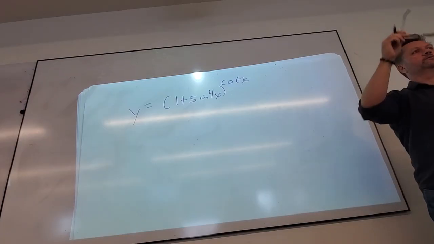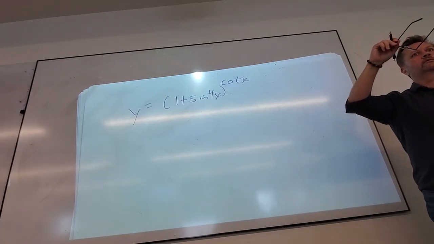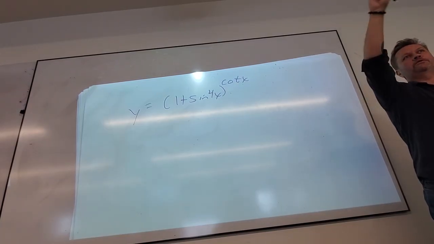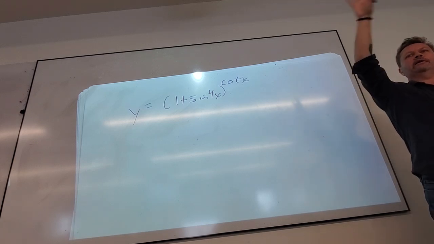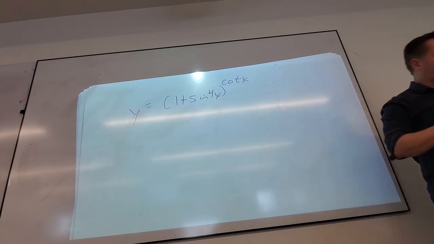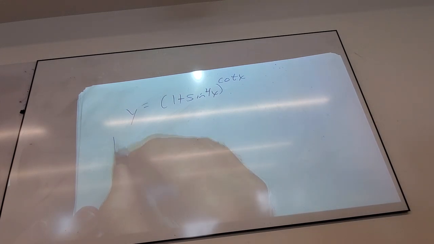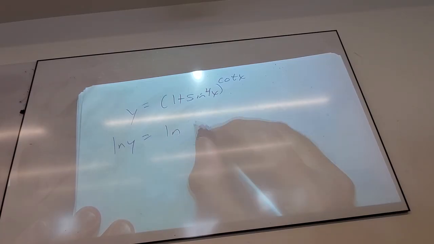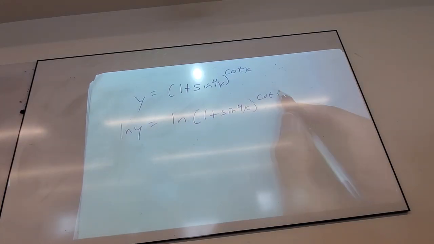Now, you guys know what to do. What do I do so that I can make it not an exponent anymore? Think of natural log. Because what happens then? The cotangent comes down.